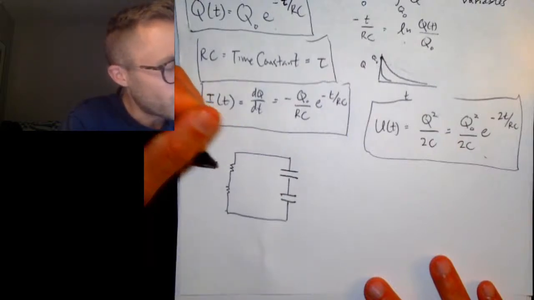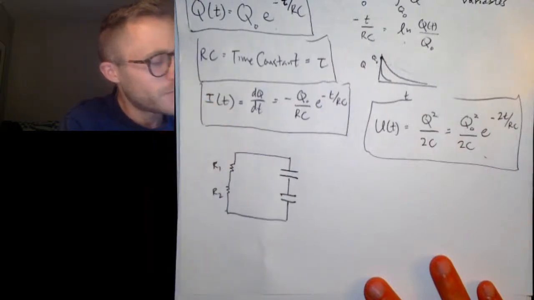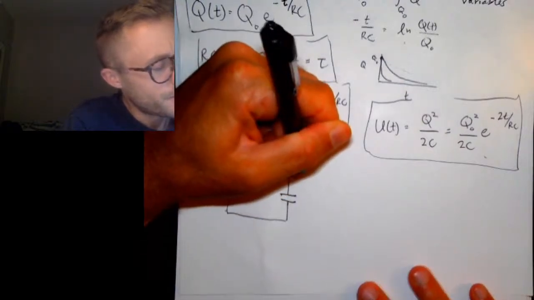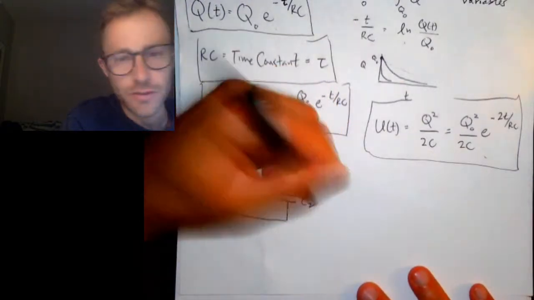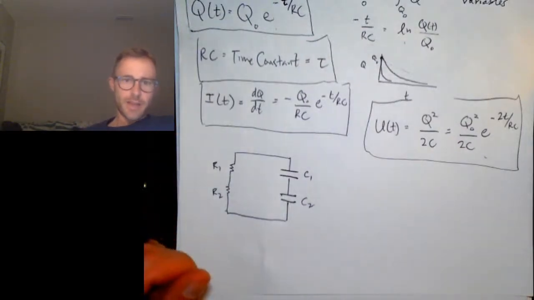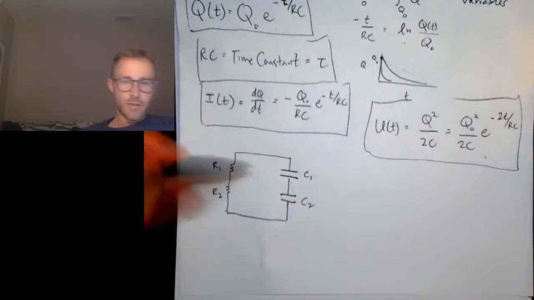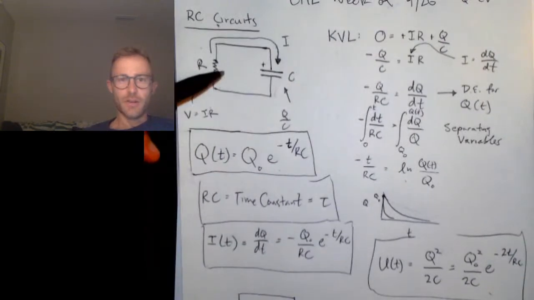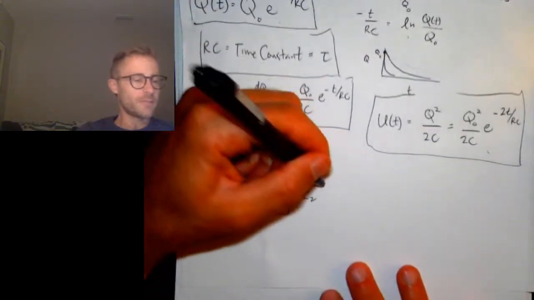Maybe this is R1, this is R2, this is C1, and this is C2. So this circuit can be thought of exactly like this circuit. Okay? What you want to do is you want to simplify.